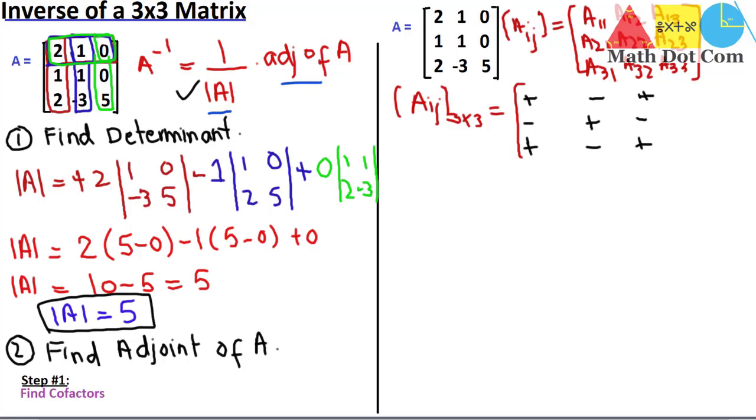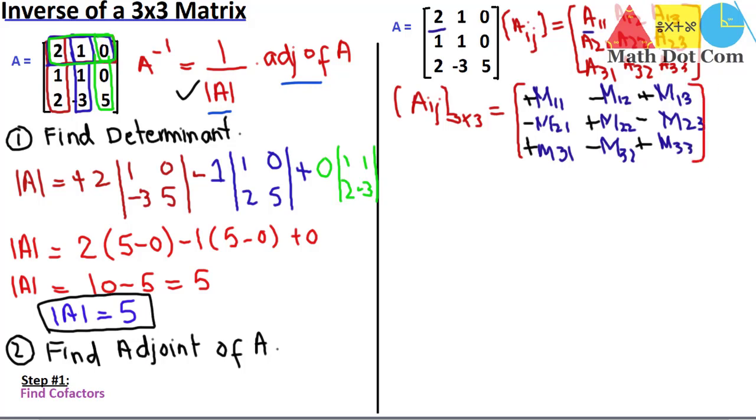And what are the minors? Let's write them. M11 is the minor of the element at this location, or of this element. Then we have M12, then M13, then M21, M22 and M23, then M31, M32 and M33. So this is a cofactor matrix.